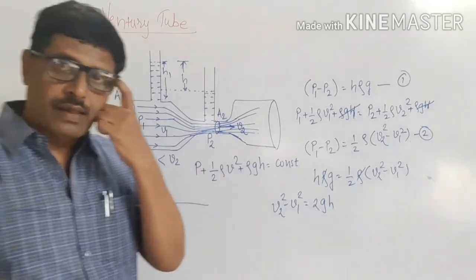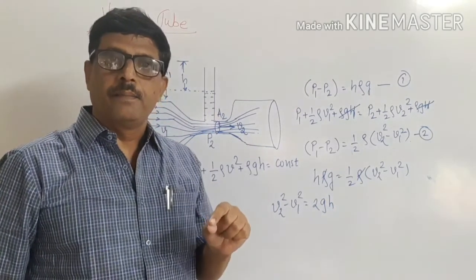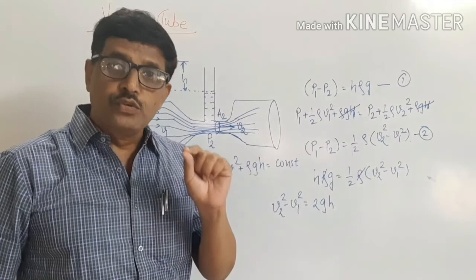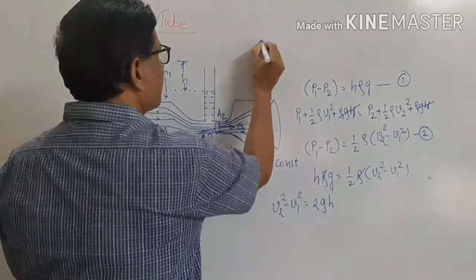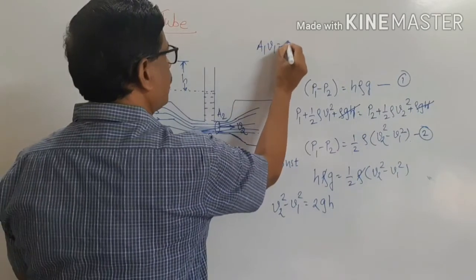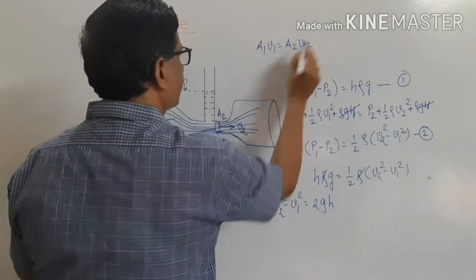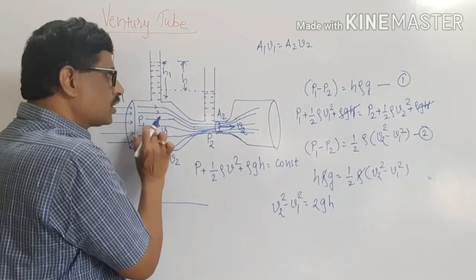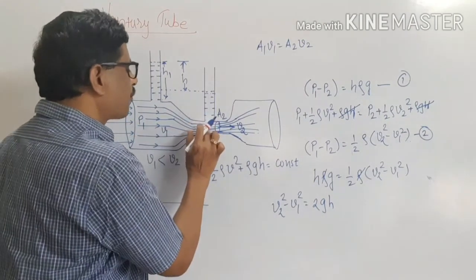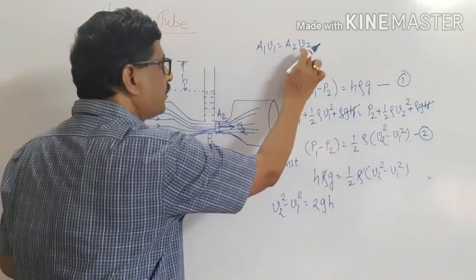Now, using the equation of continuity, I will write A1 V1 is equal to A2 V2, where A1 and V1 are the area of cross section and velocity at the wider part, and A2 and V2 are the area of cross section and velocity at the narrower part.